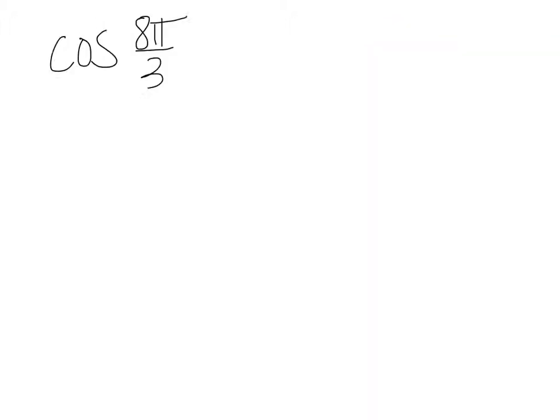What if, right now, the cosine of 8 pi over 3? I'm going to start by doing that scratch work. I have 8 pi over 3, and I know that's more than 2 pi. So I want to take off one of those revolutions. So what am I going to subtract?